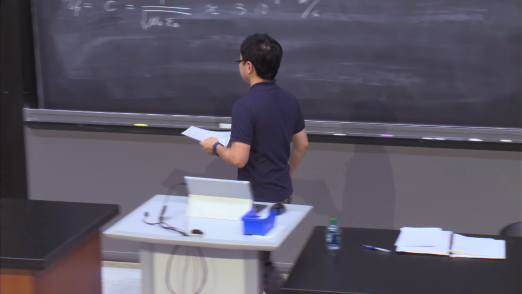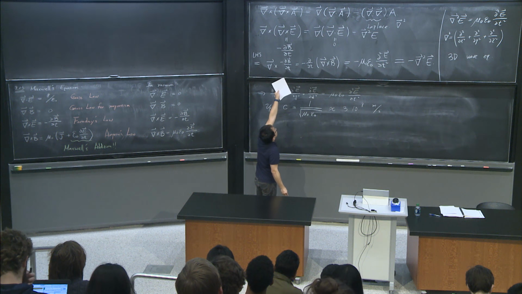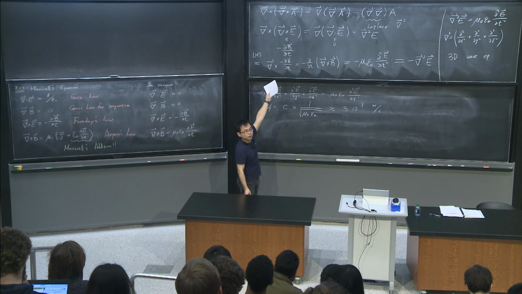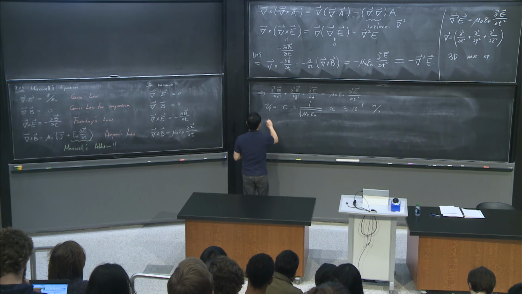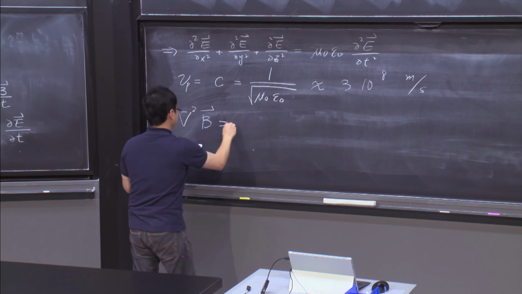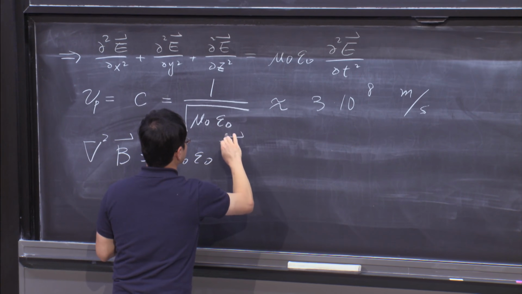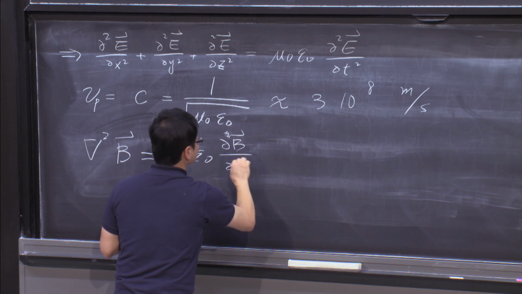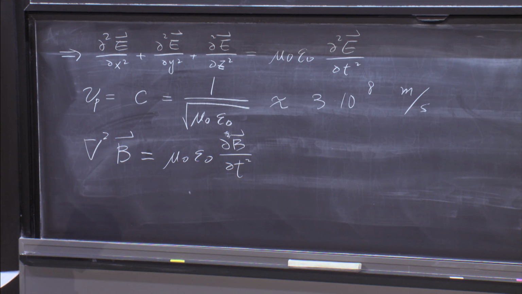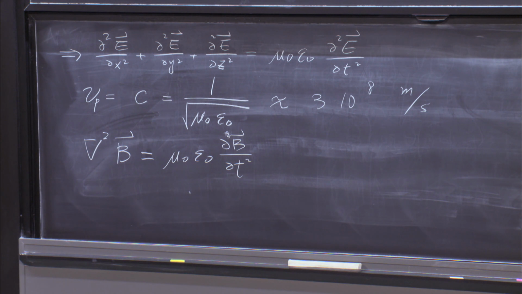The answer is that, indeed, you can redo the same exercise. Instead of plugging in the electric field, you plug in the magnetic field, and you will extract exactly the same conclusion. You will conclude that del squared B is equal to mu_0 epsilon_0 times partial squared B over partial t squared. Okay? So it is very important to see that the magnetic field also obeys this wave equation.